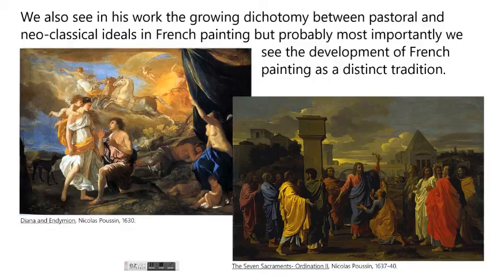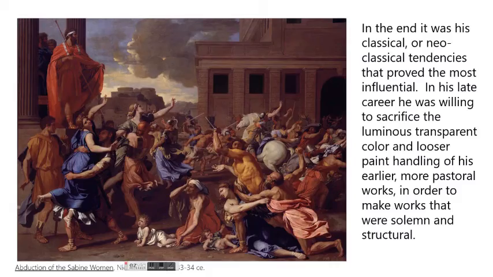And so within this conflict within Poussin, we see the setting of the conflict that will later turn up in French painting. This conflict between the desire for classicism, for organization, for structure, for solemnity, versus a desire for virtuosity, gesture, luminous color, transparency.